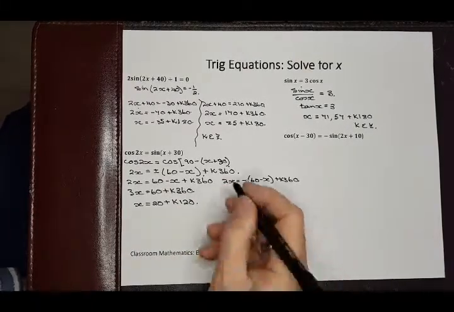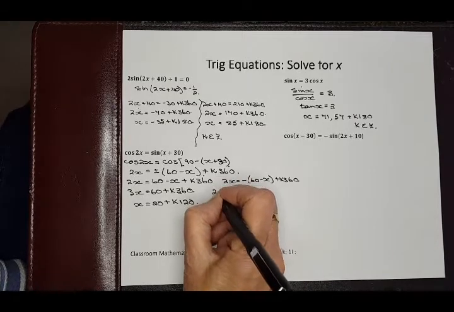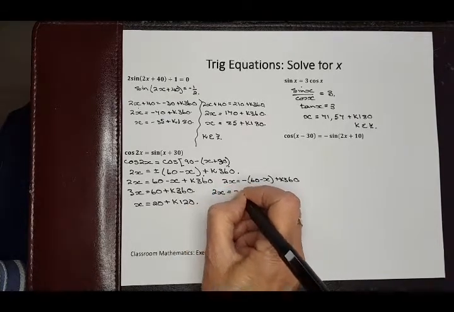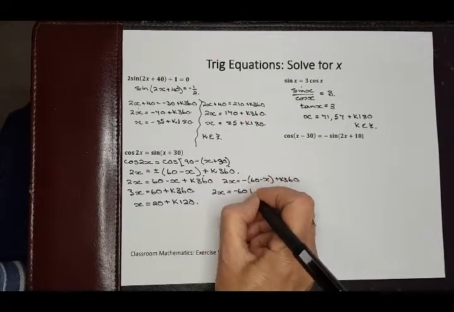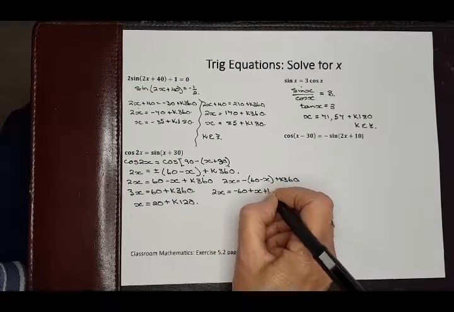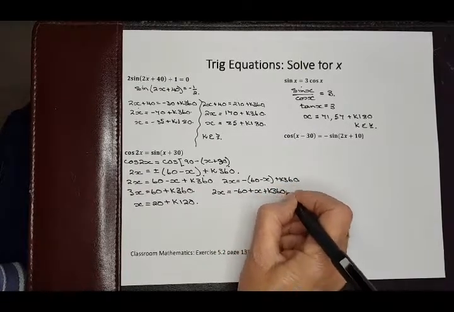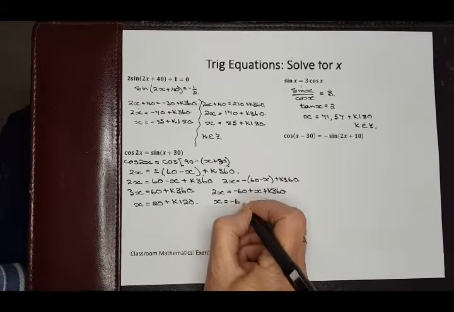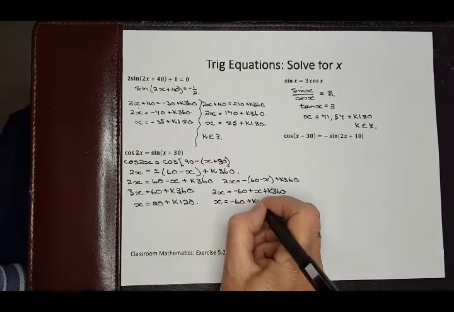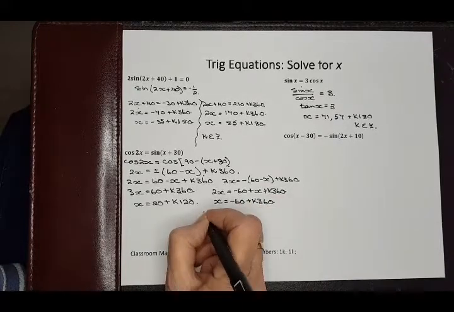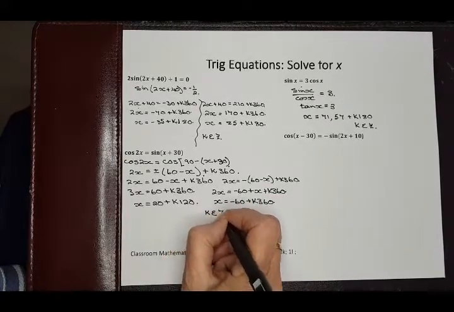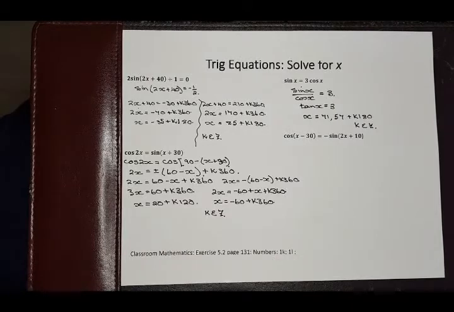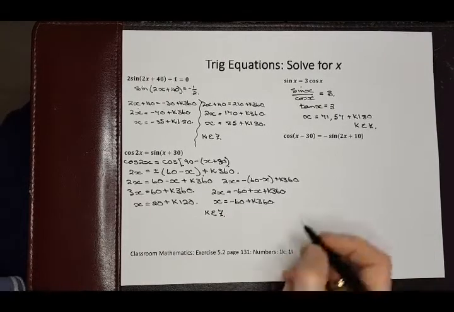On this side over here, I'm going to get that 2x is equal to -60 + x + k·360. x is therefore going to equal -60 + k·360. Again, k is going to be an element of the set of integers.